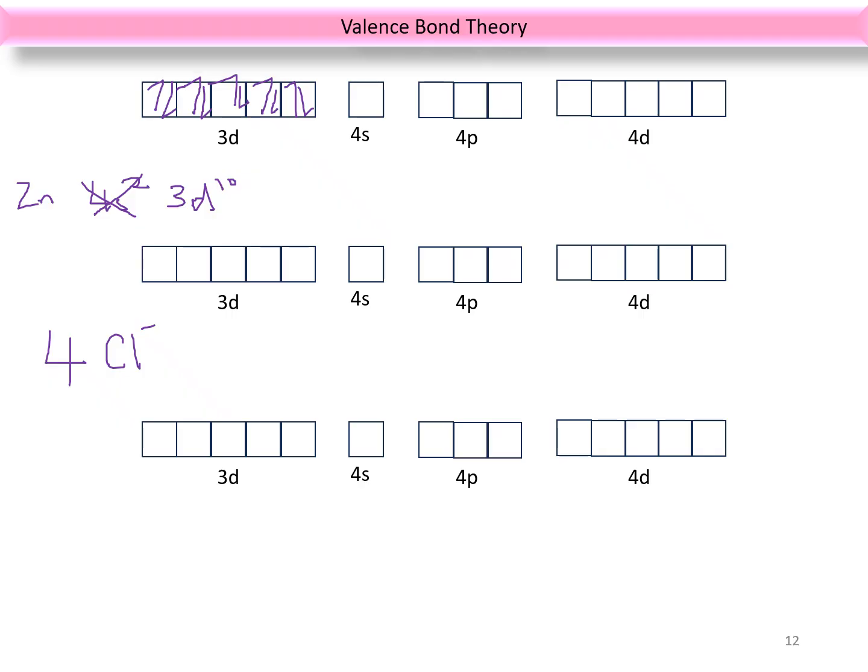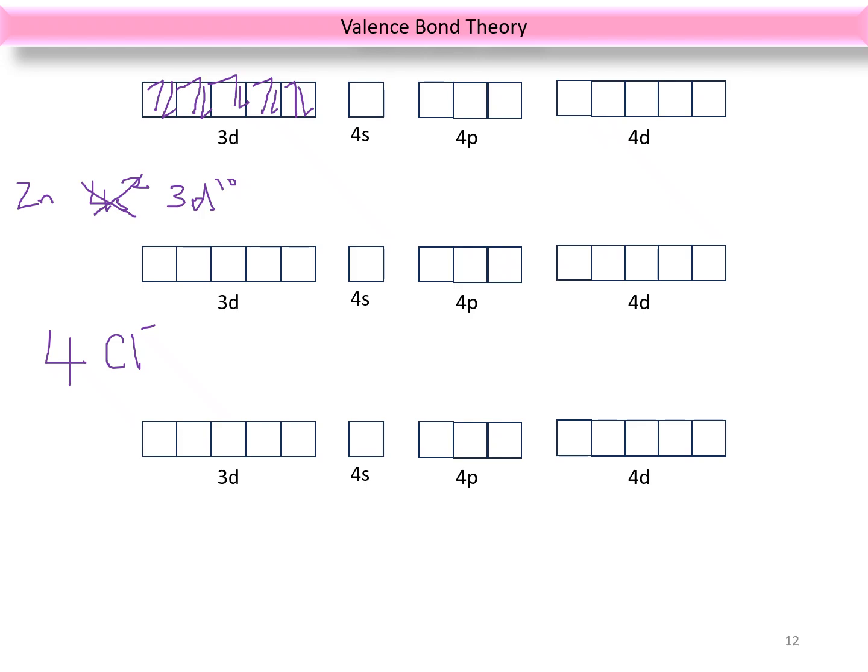If the metal's 3d orbitals do not have any unpaired electrons, there is no pairing activity that will happen. This will make the ligands start filling in the 4s level because the 3d orbital here is already fully filled.